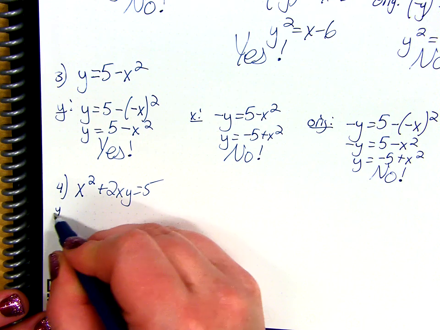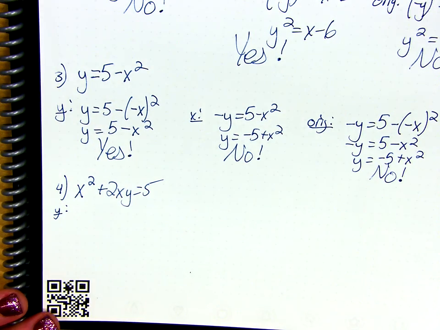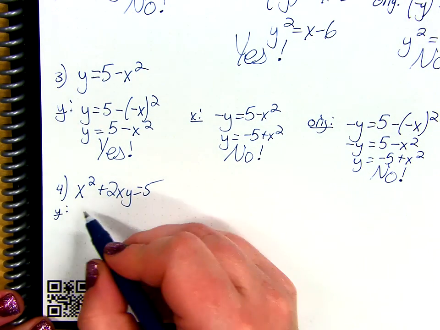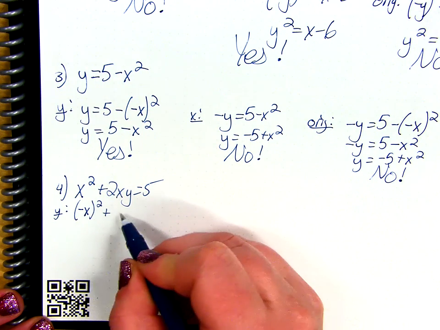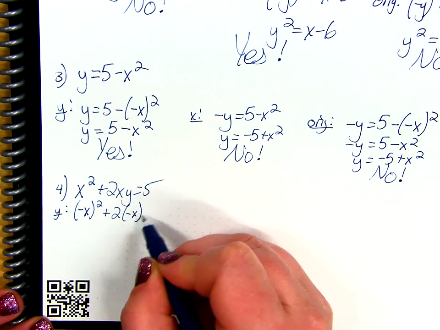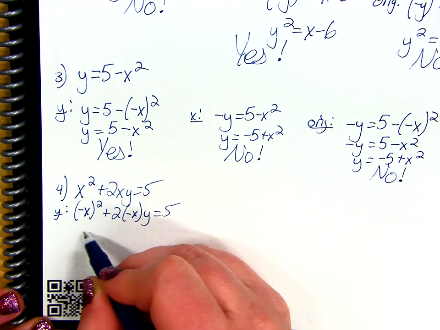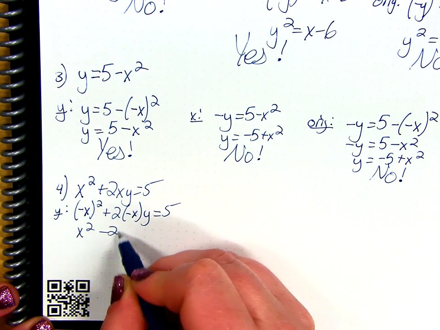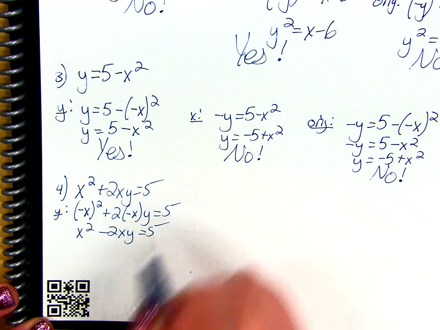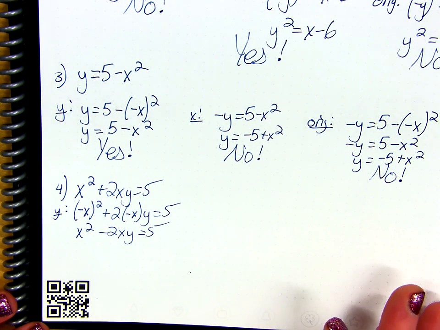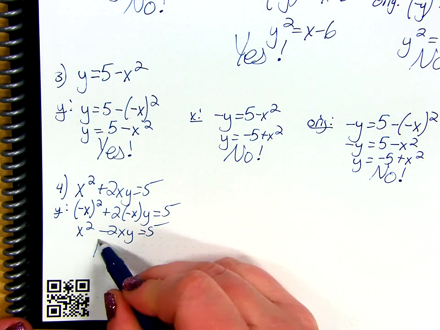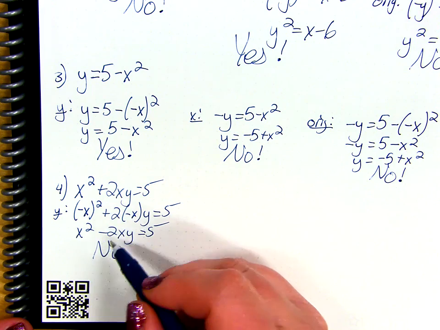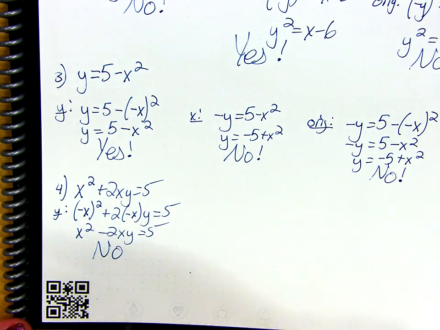All right, so that y-axis, let's see. Plug in negative x. What do we say to the y-axis? Yeah, I'm going to say a no because it does not match identically because that turned into a negative, right?